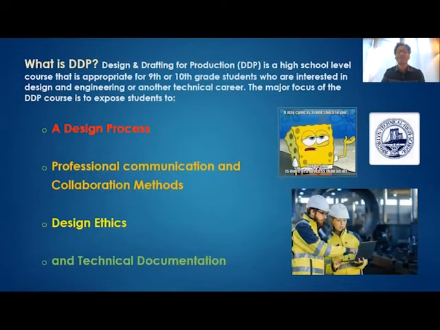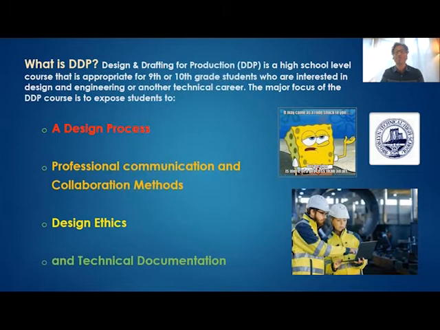So what is DDP? First of all, it's a class that all incoming freshmen take at Brooklyn Technical High School. Design and Drafting for Production, DDP, is a high school level course that is appropriate for 9th or 10th grade students who are interested in design and engineering or another technical career.